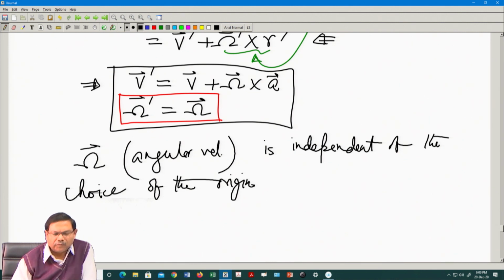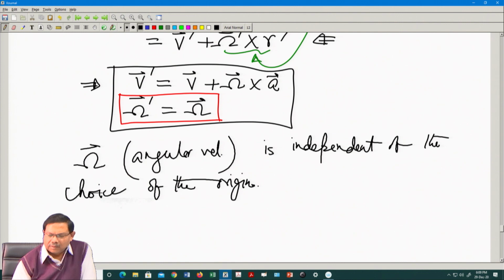So, even if we had chosen the origin in the moving rigid body not at its center of mass, but anywhere else, the angular velocity is not going to change, it will remain the same. So, that is a very important property of a rigid body in motion.